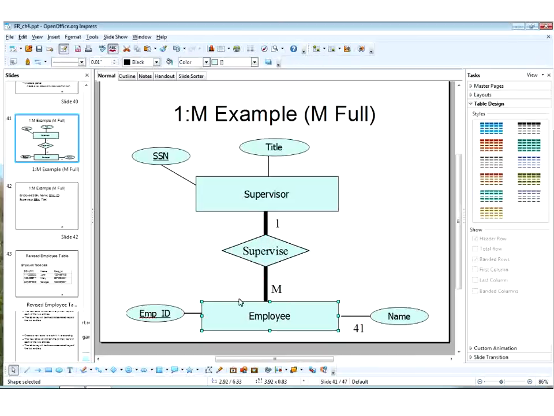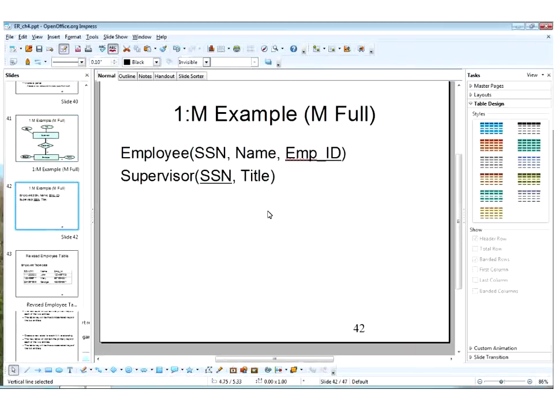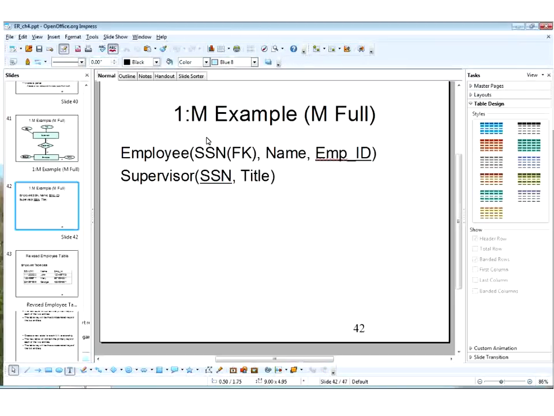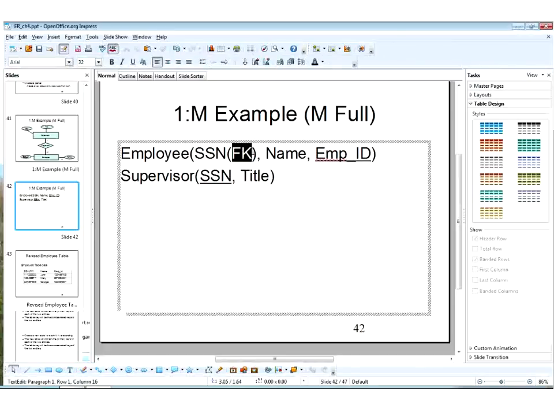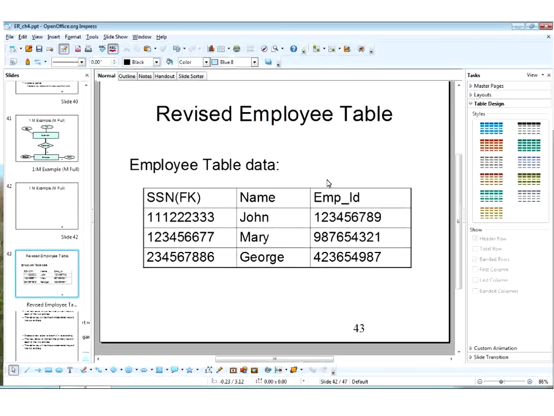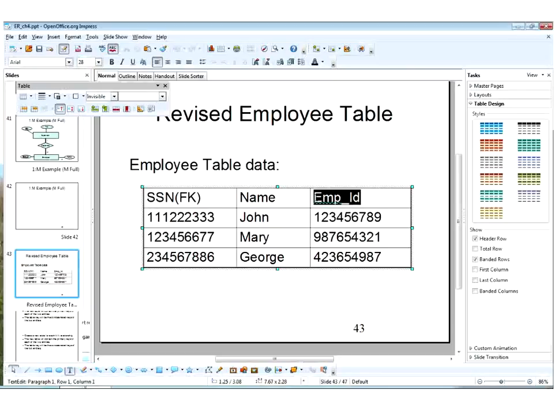Okay, so this is full to full, 1 to 1 or more. Okay, the M side is full, so what do we do? We put the single side as the foreign key on the plural side, on the M side. Okay? And there it is.